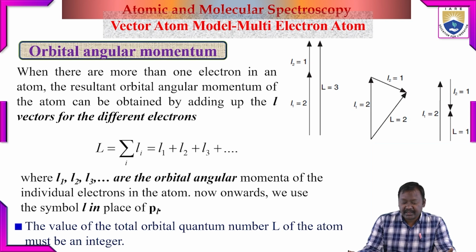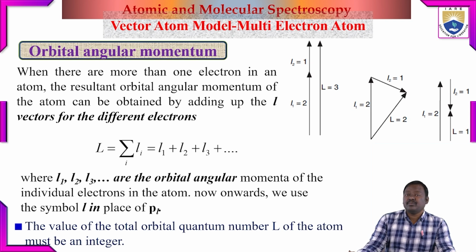In the vector atom model, the central features are space quantization and electron spin quantization. These play a very important key role in explaining spectral lines, the Zeeman effect, anomalous Zeeman effect, Paschen-Back effect, and Stark effect.